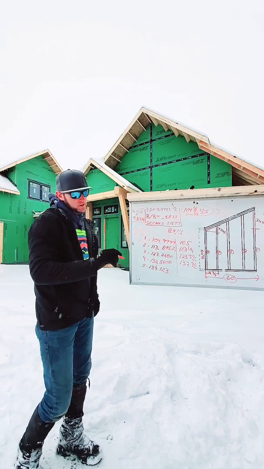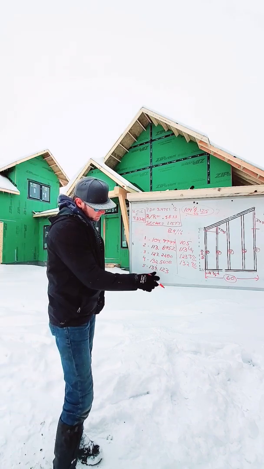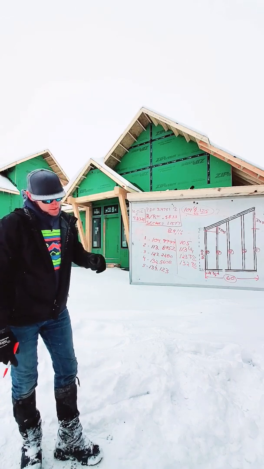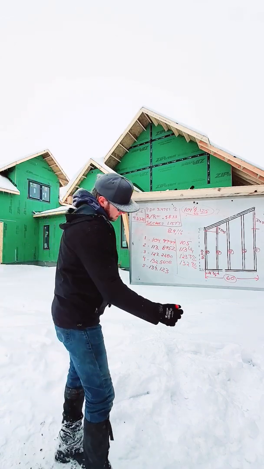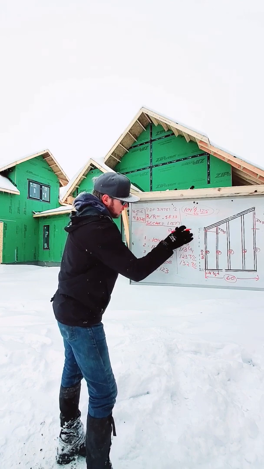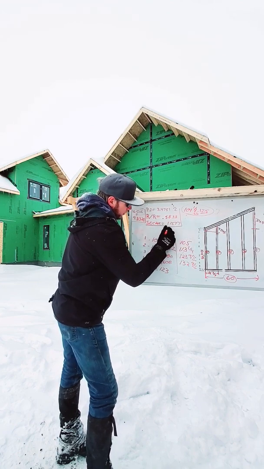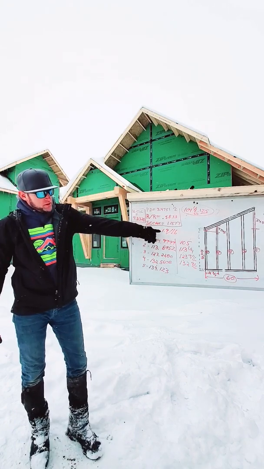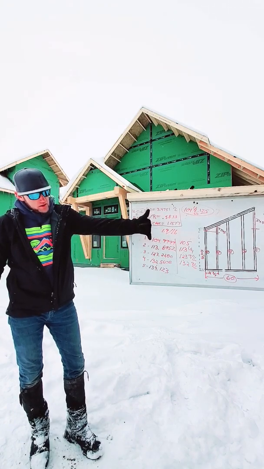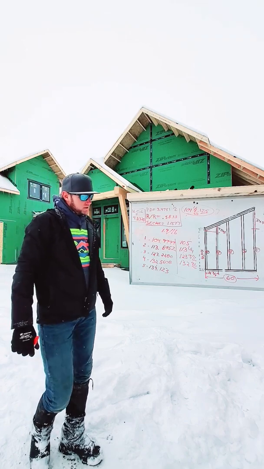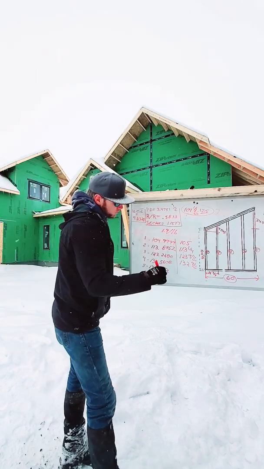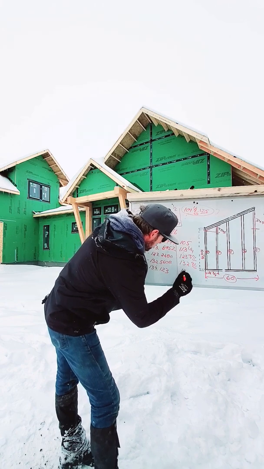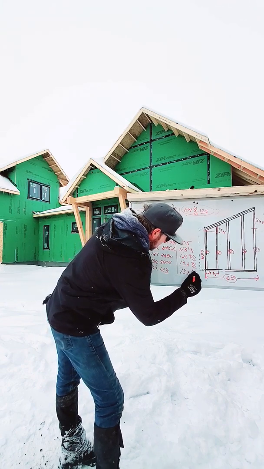So it definitely gets a lot easier over time. 0.123 times 16 is 1.9/16. Because it's 0.5 or higher, it gets converted to the next 16th, 2/16. That's a 1/8 of an inch. 139 and 1/8.